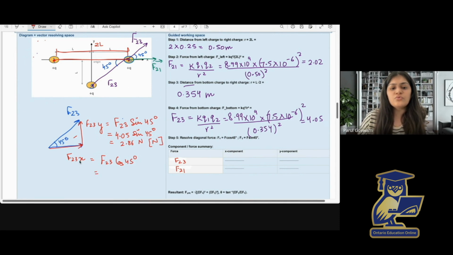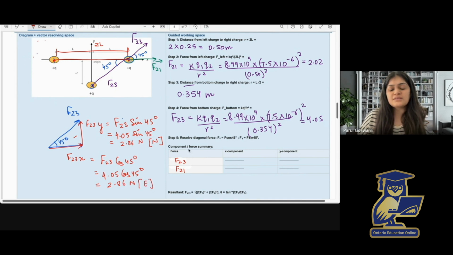And F23 cosine 45 degrees, again I will write F23 as 4.05 cosine 45 degrees, and using the calculator, you will get 2.86 Newton, and this was in the east direction.